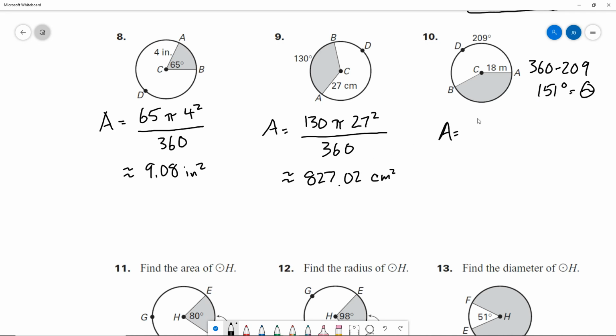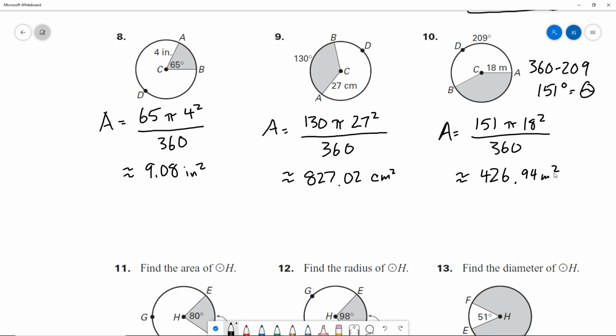So our area is going to be 151 pi 18 squared, all over 360. And a calculator will tell us that that is 426.94 meters squared.